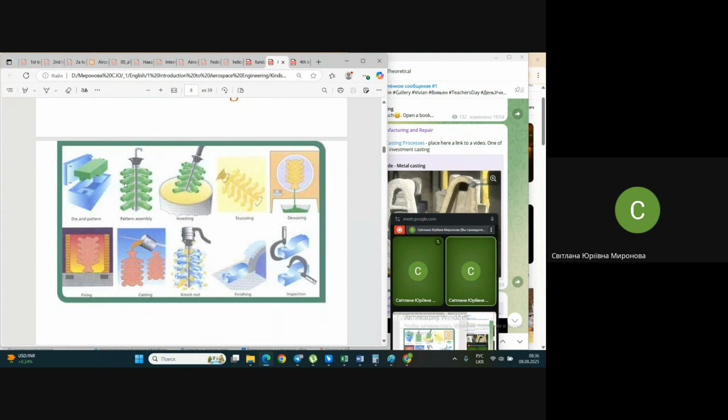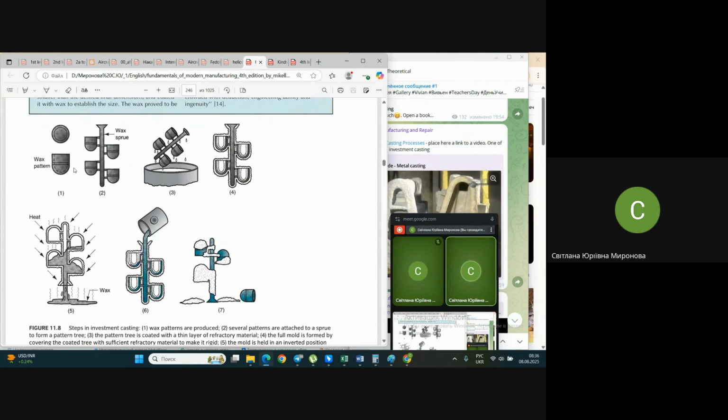In case they are little, they are assembled into groups, something like a preset. You see the pattern assembly here. They assemble them together, and next they are poured into something like liquid soil, for instance, or some other material in liquid state, and after drying, it solidifies and creates the shape.